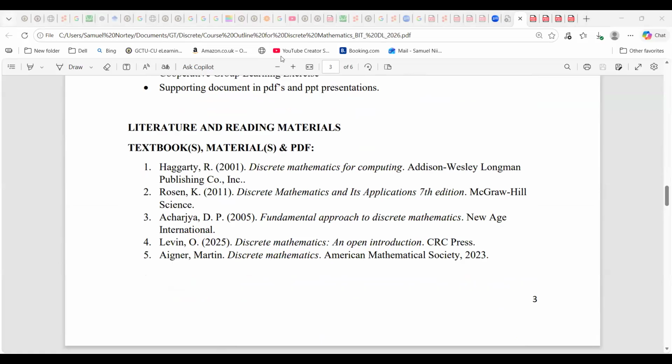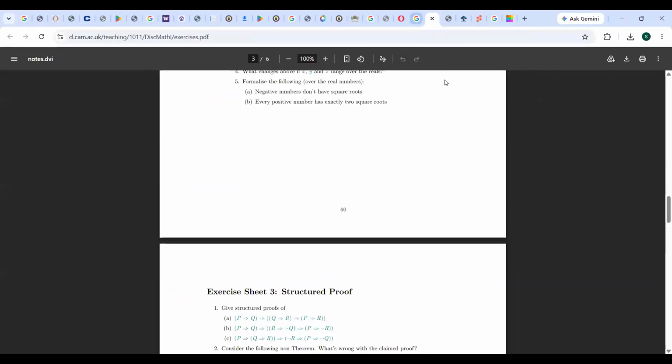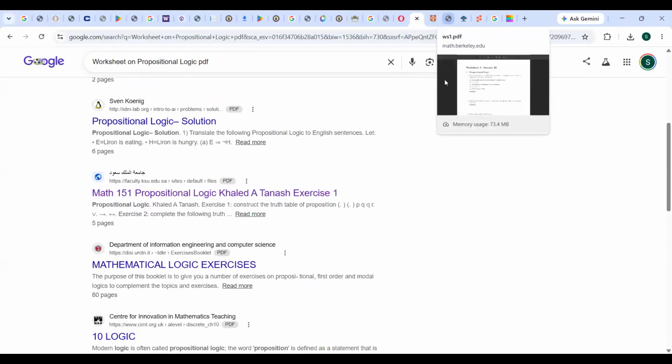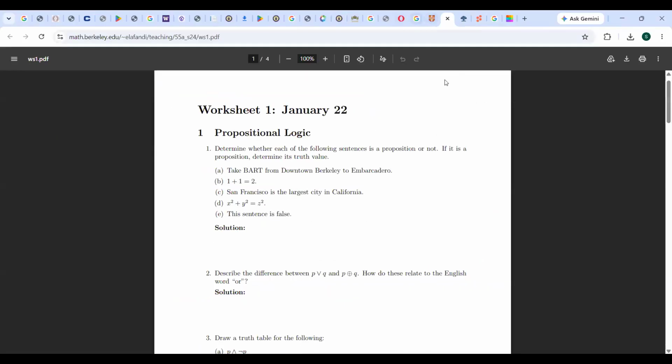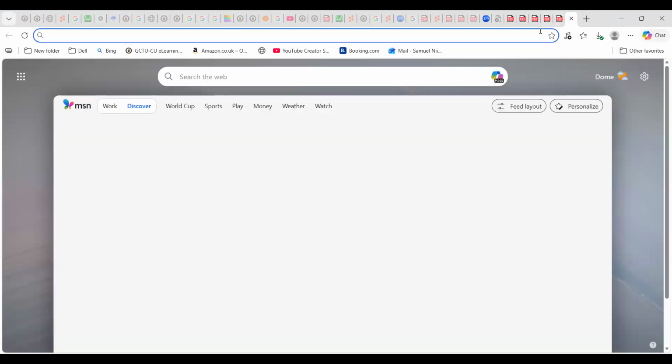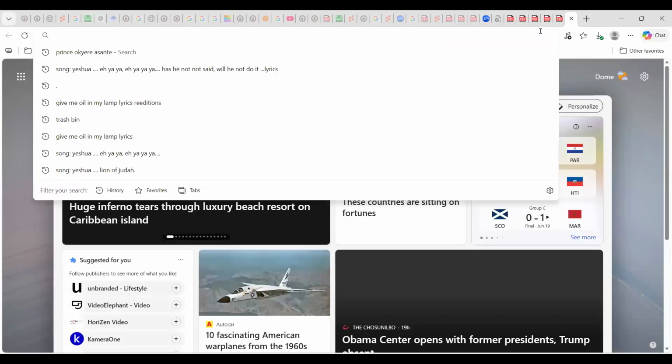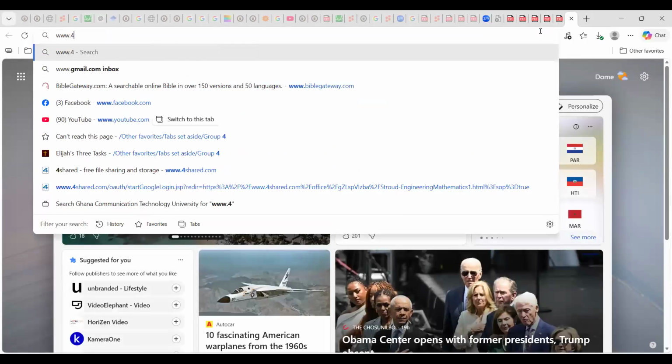Wonder whether it's open. Okay, the website is www.allshare.com.